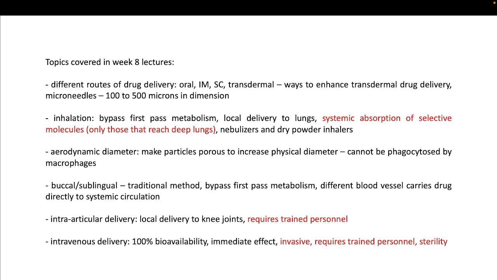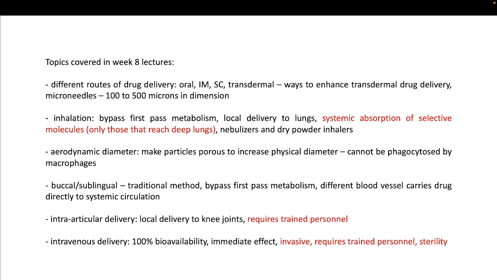Also, it provides a great method to deliver drugs locally to the lungs. For example, if you want to treat a disease which is only localized to the lungs, for example, a cough disease or cystic fibrosis, in that case inhalation will help because most of your drug will be bioavailable to the lungs. The disadvantage associated with inhalation is that systemic absorption happens only for selective molecules.